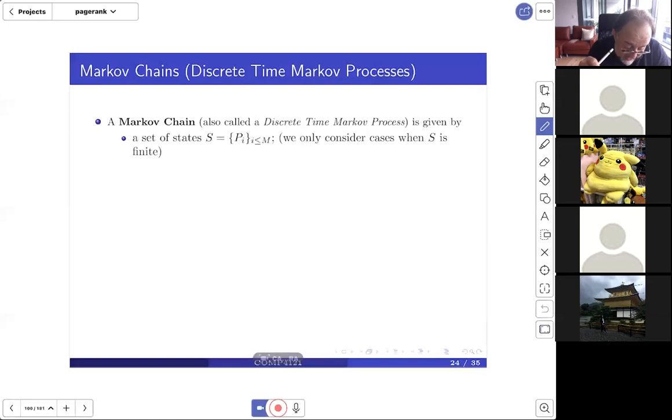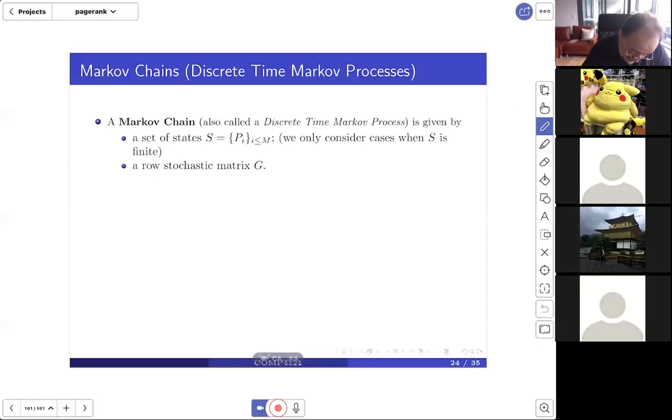So the state of a Markov chain for random surfing can be interpreted as what web page you are in. And so the number of states is equal to the number of web pages. What else do we have? We also have a row stochastic matrix G. What does it mean, row stochastic? It means that the sum of all entries in every single row is equal to 1.